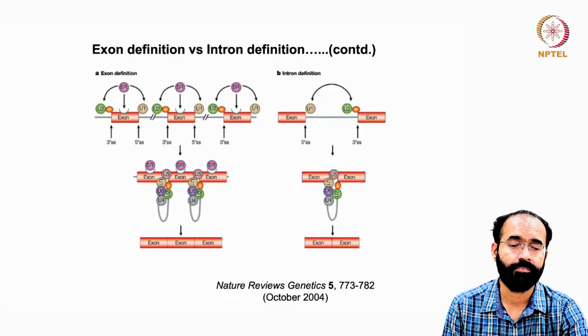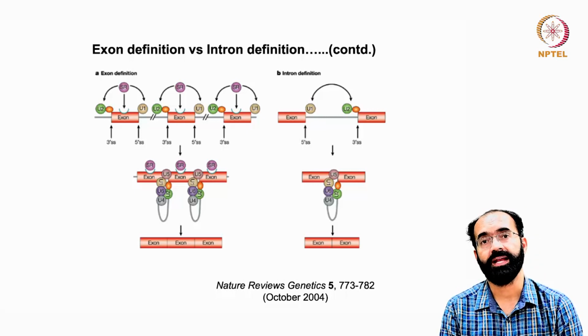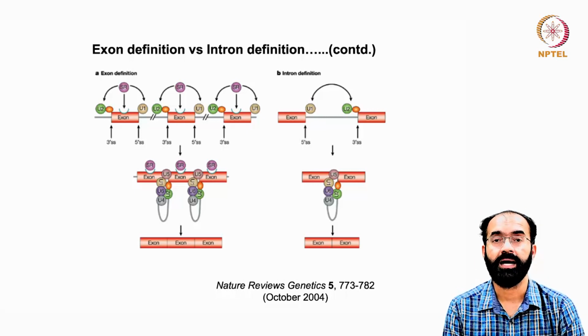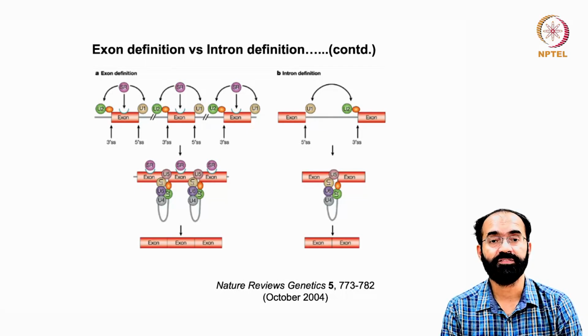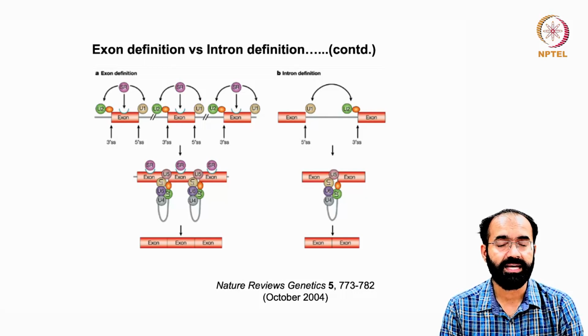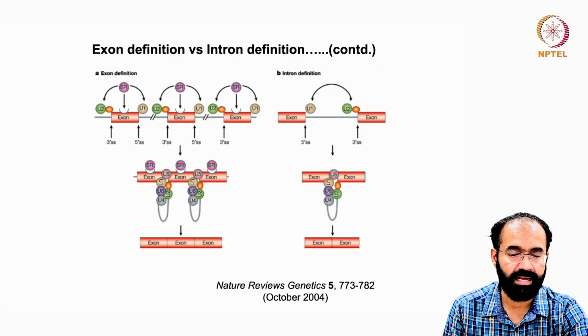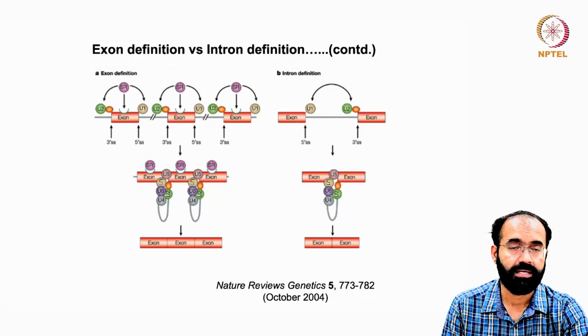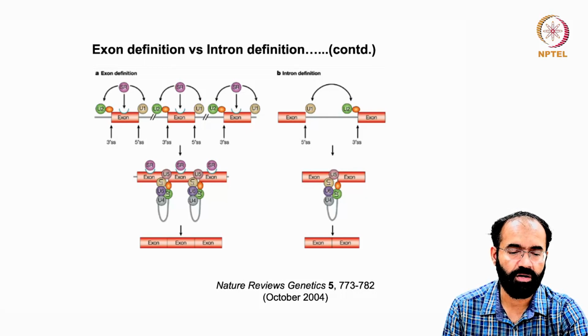Now let us think, how can we define an exon, or how can we define an intron? If you see here, you can see that a typical exon has a 3' boundary and also a 5' boundary, and it also has splicing recognition signal proteins bound onto the exonic sequence.